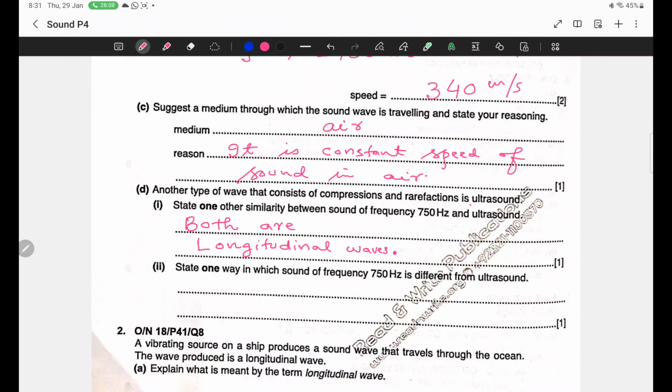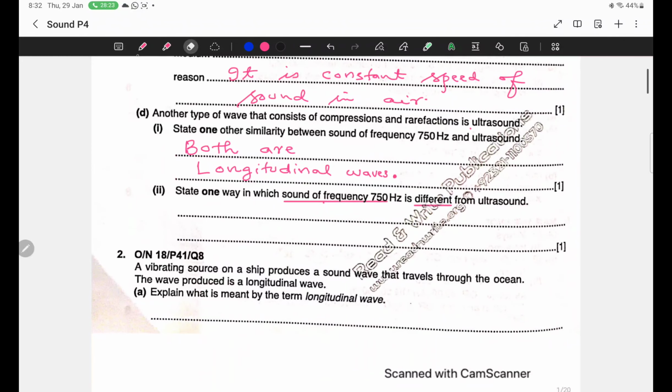And now the next part: state one way this sound wave is different from ultrasound. What is the difference between them? So the answer is, sound of frequency 750 hertz is audible.